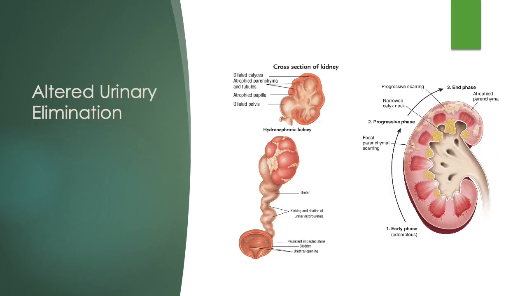When we discuss that injury to your kidneys, there are different phases that occur before it's scarred. So you have the early phase where your kidneys start to swell and you have edematous kidneys, and then you have where your parenchyma starts to scar. And when that scarring occurs, you're in a progressive phase.